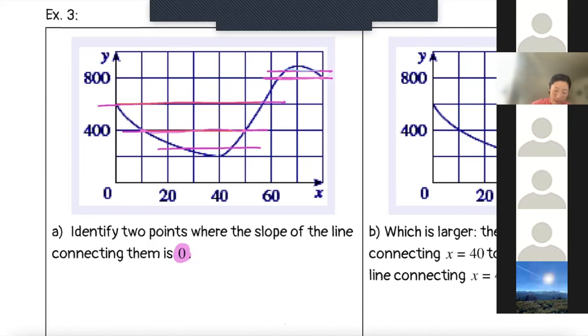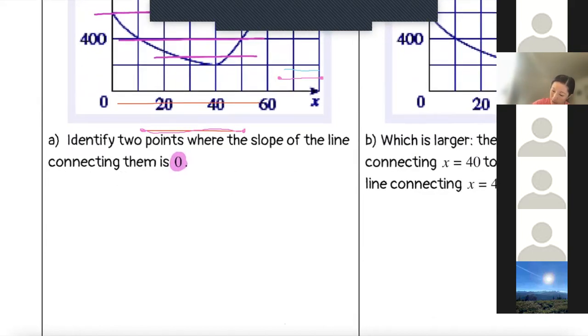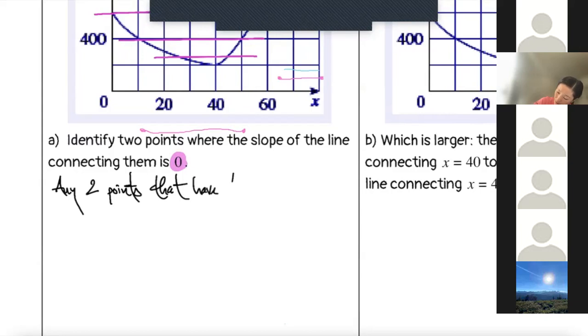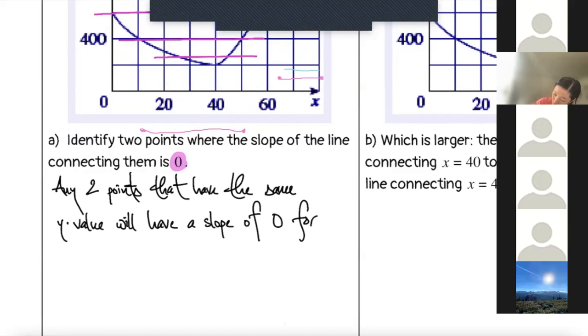Okay. And so if I jot that down here, maybe I could write for myself that any 2 points that have the same y value will have a slope of 0 for the line connecting them.